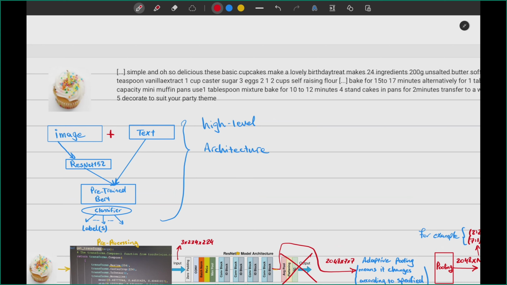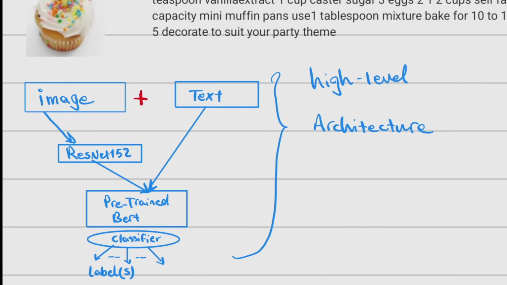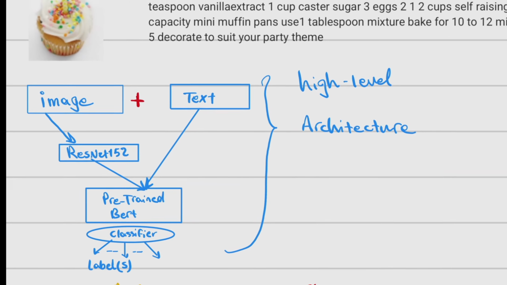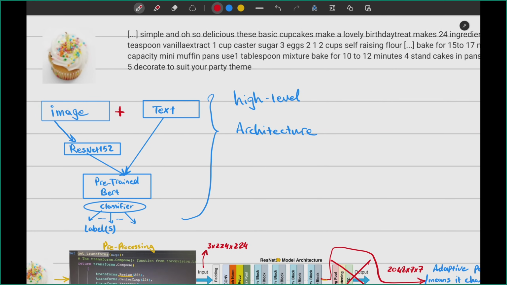So we have an image and a text. Our image is going to be fed into the ResNet 152 model first to extract some information, and that is fed into pre-trained BERT along with the text. At the end of that, BERT is going to use a classifier to decide which label or labels the input belongs to. That's the high-level architecture. Let's dive in more, starting from the image.